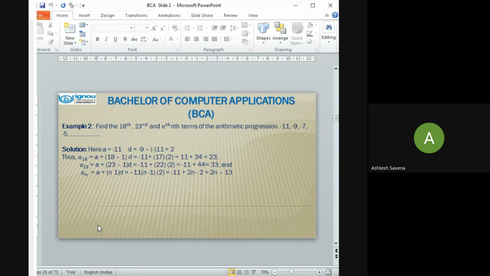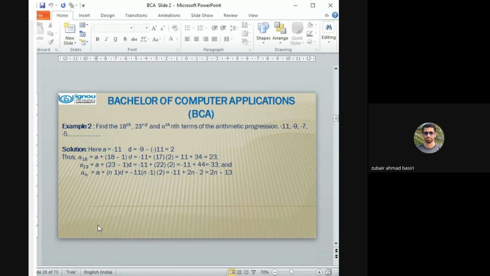33. Now, the third part was to calculate the nth term. So what will you do? First of all, we will find the term an. Your answer will be in terms of n only.